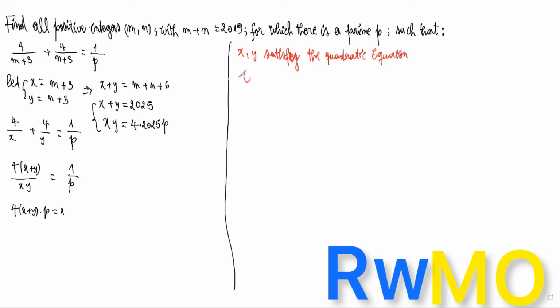Let's say t squared minus x plus y times t plus xy equals 0.